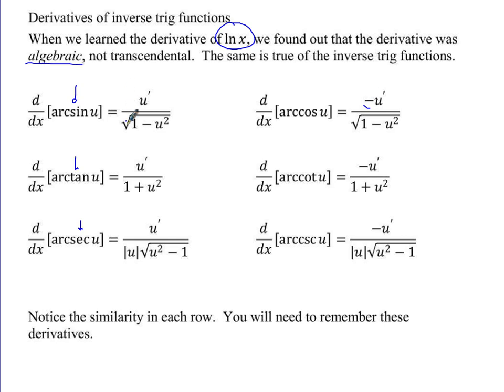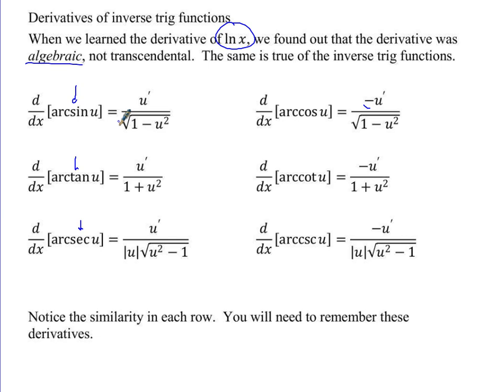The only difference between tangent and the cotangent is what? The negative sign. And the only difference between secant and cosecant is the negative sign. All of them have u prime in the numerator. The cos are all negatives. So then it's just a matter of remembering what the denominator for each is.